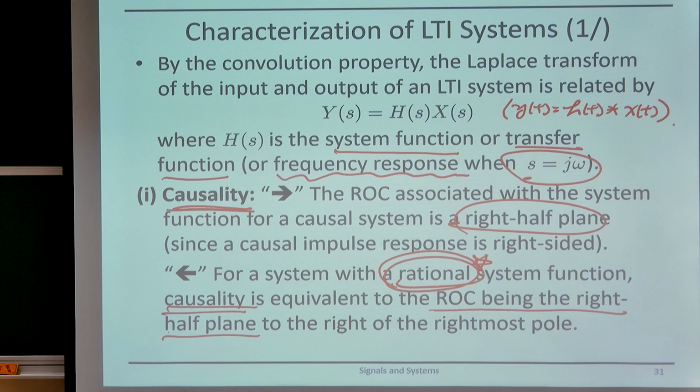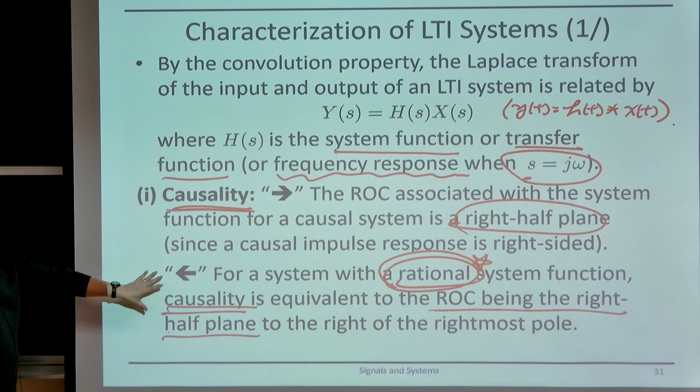And if it's rational, it would be to the right of the rightmost pole. So we aren't able to prove this here, but we can observe through a few examples.